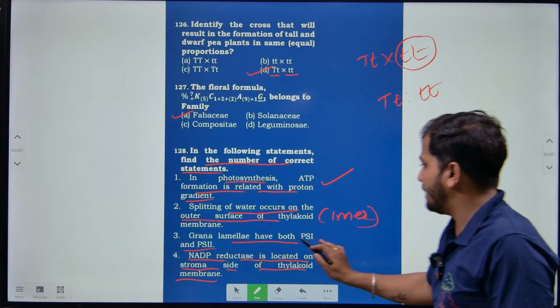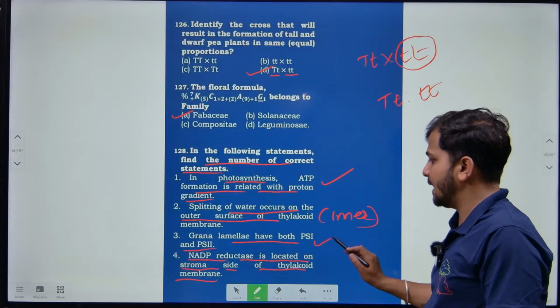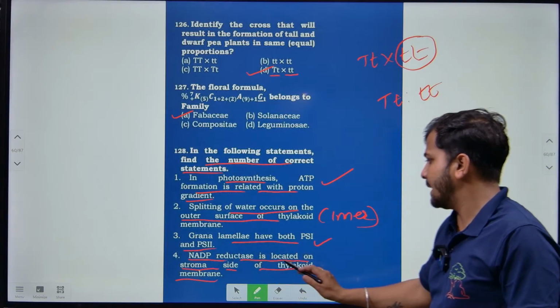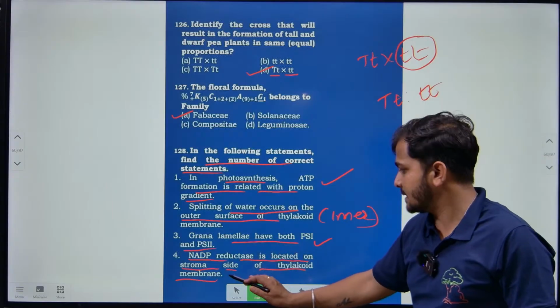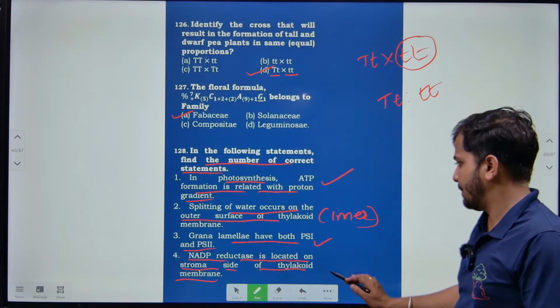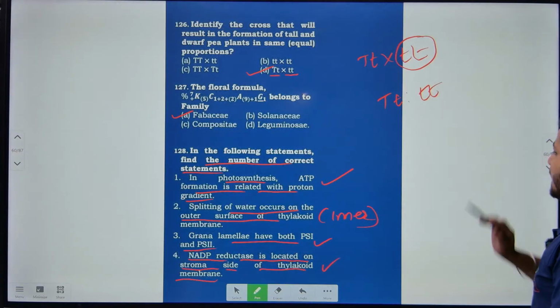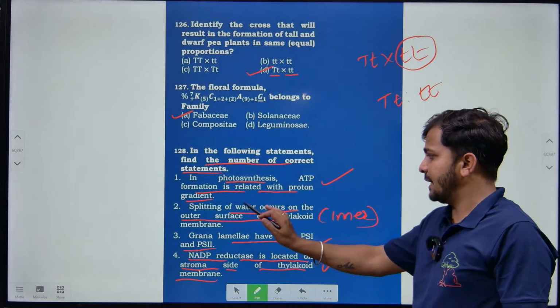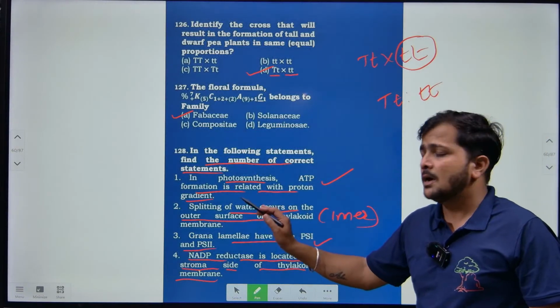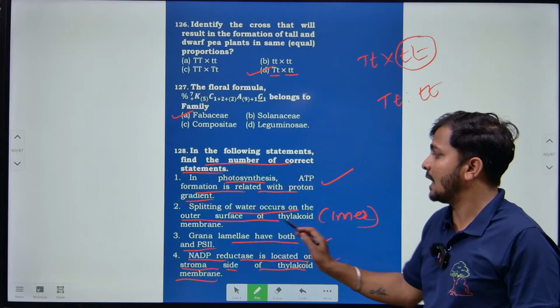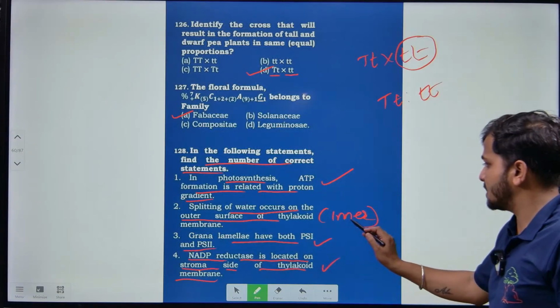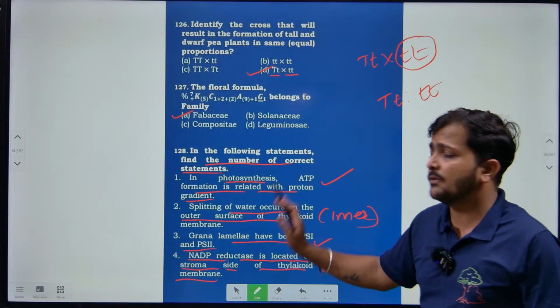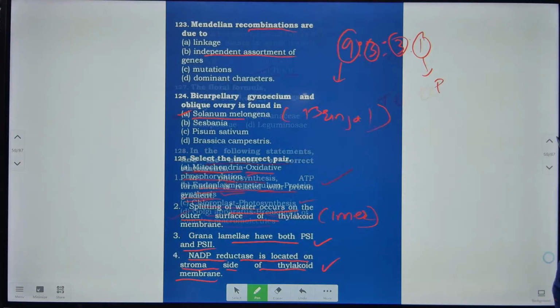Then grana lamella have both PS1 and PS2, yes. Then NADP reductase is located on the stroma side of the thylakoid membrane. So these 3 are correct, and 1 is wrong, because splitting of water is said to occur on the outer surface of the thylakoid membrane, but it occurs on the inner surface of the thylakoid membrane, right?